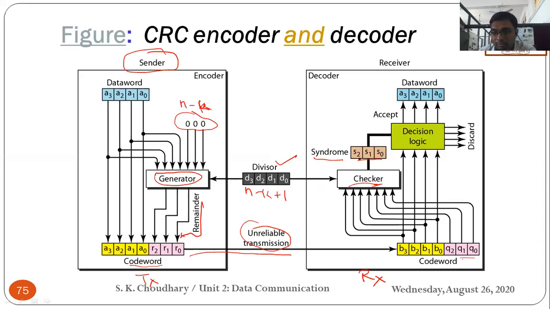If all syndrome bits are 0, then the first 4 bits are accepted as the actual data word or actual message. But if all syndrome bits are not 0, at that moment this whole message would be discarded, and the process is repeated.